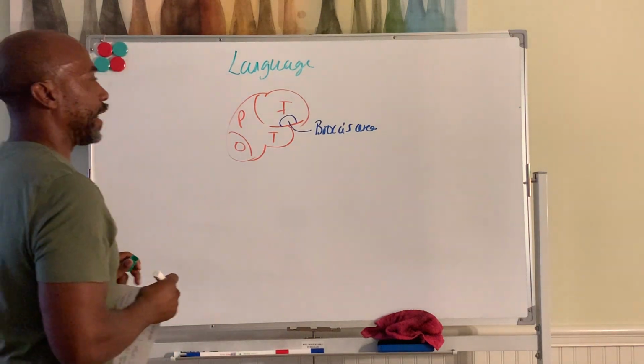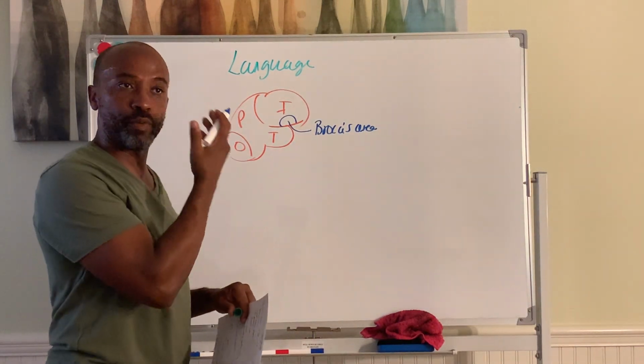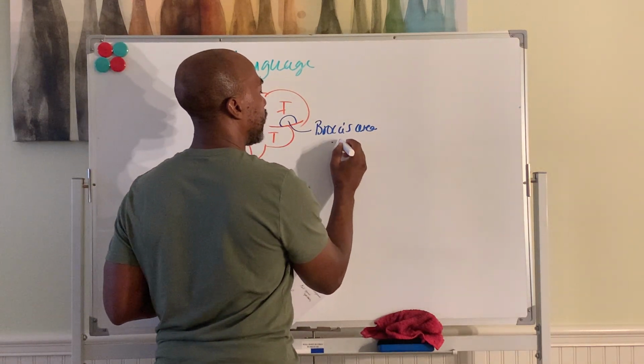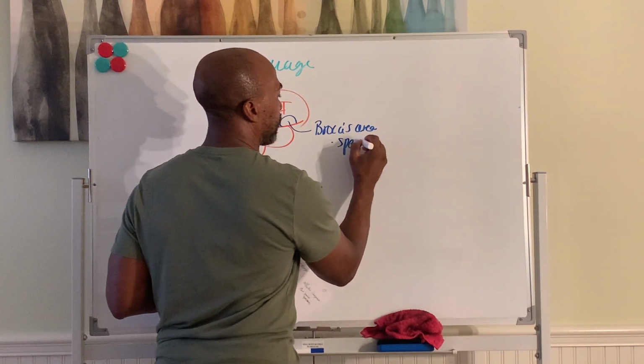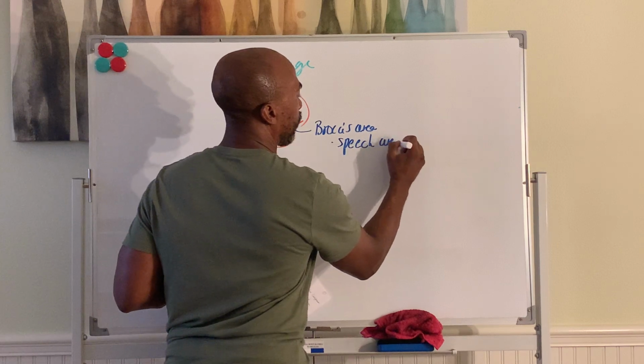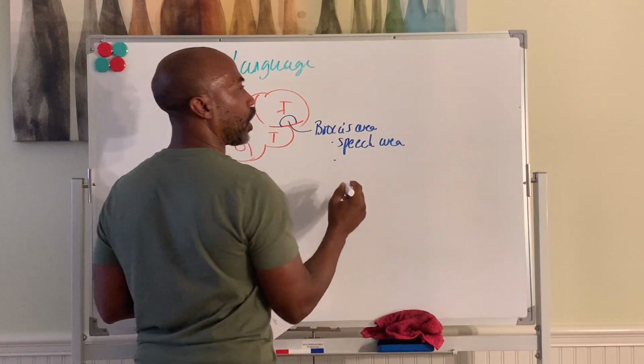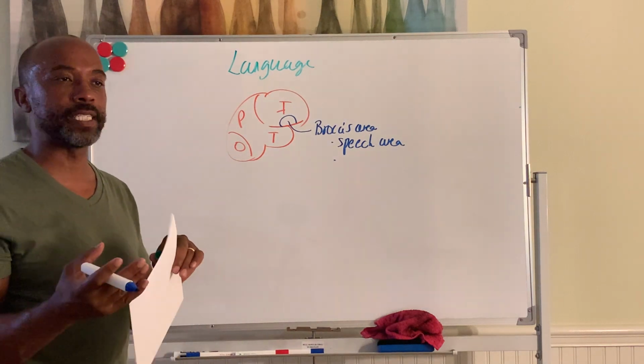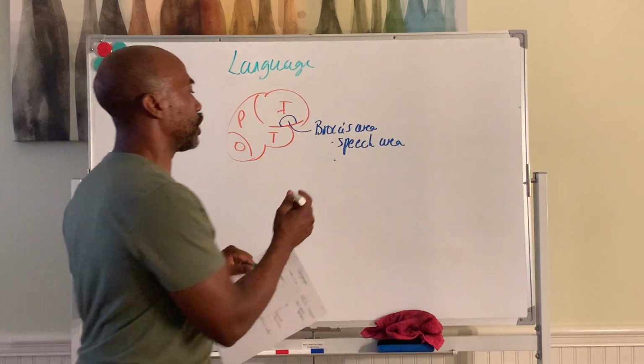That part of the brain, usually in the left half of the brain, Broca's area, is what we call your speech area. It's the one that will create the muscle movements required to create speech.